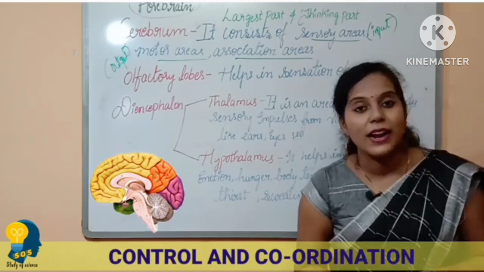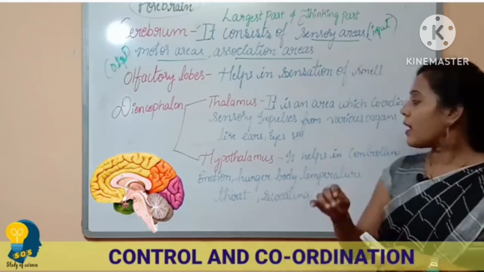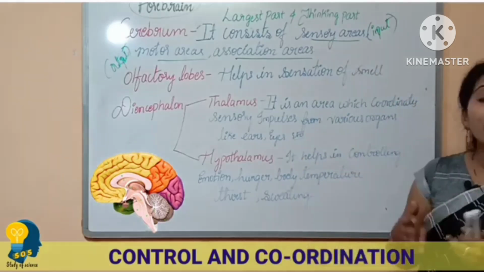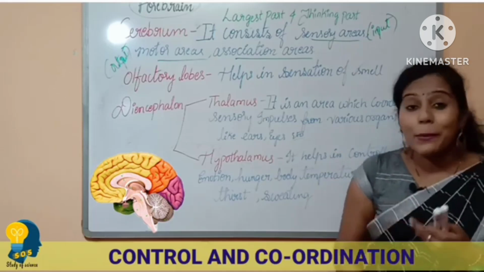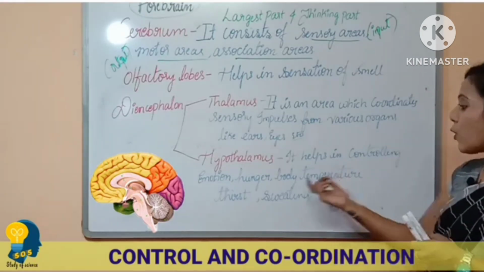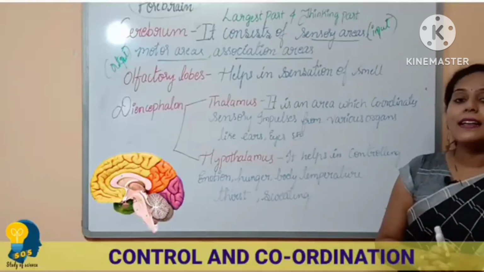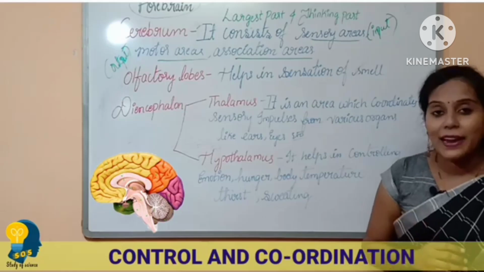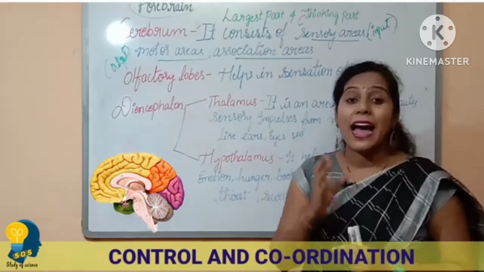Hypothalamus is very important. How does the hypothalamus help? It helps in controlling emotion, hunger, body temperature, as well as thirst. All these things are controlled by the hypothalamus. Suppose in our brain the hypothalamus has been damaged.